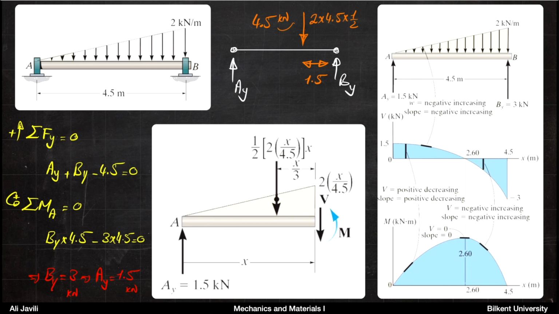You know the slope of M would be V. So at the beginning the slope is 1.5. At the end the slope is -3. And at 2.6 the slope is 0. And there is only one point where the slope becomes 0, so there is only one maximum. Using this information, you can draw the cubic function for M as shown in the figure.